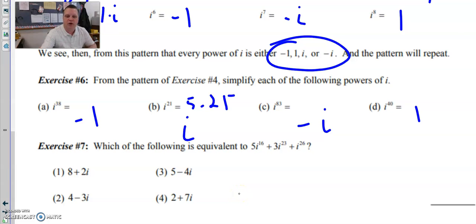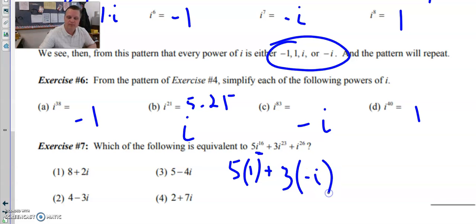All right? So we're adding these together. I to the 16, 16 divided by 4 is 4, so that's just 5 times 1, plus 3 times I to the 23. 23 divided by 4 is 5.75, so we have 3 times -I.